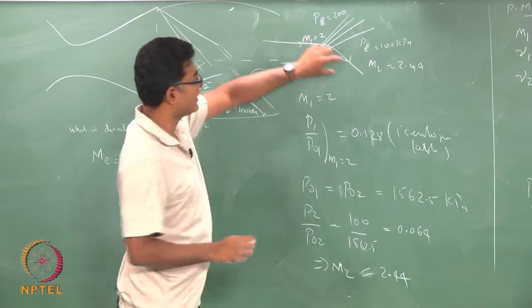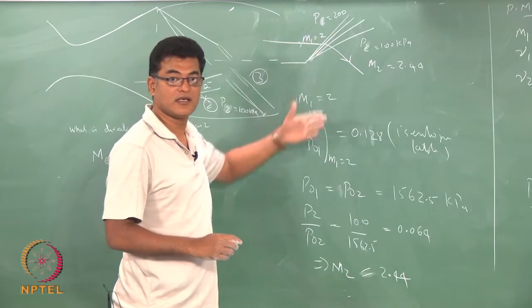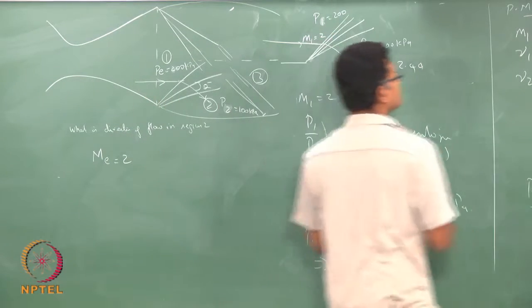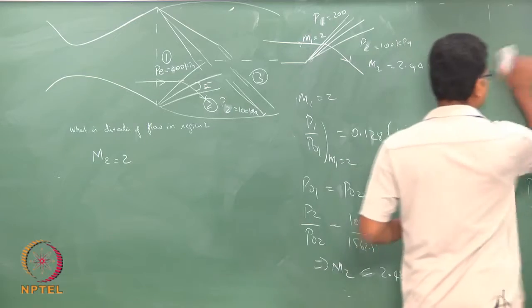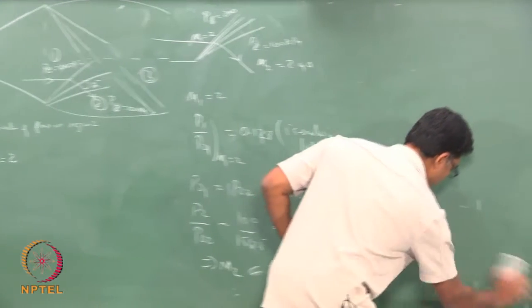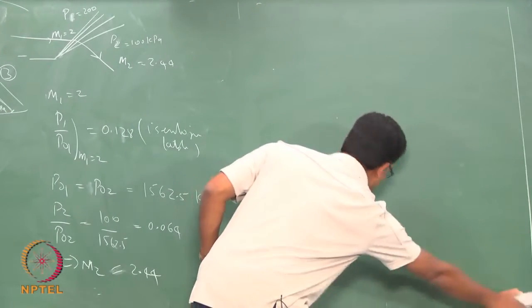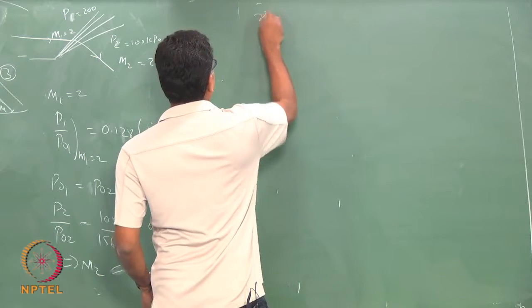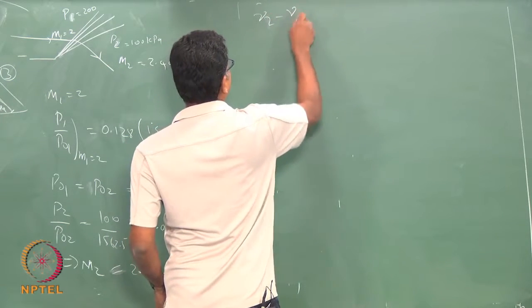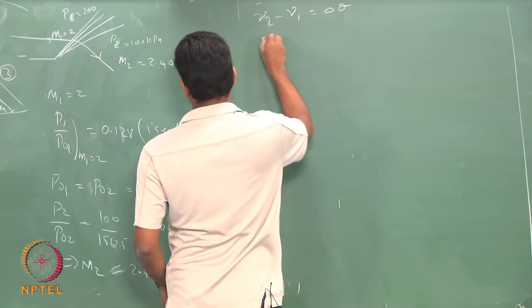If I know my M1 and M2, I can always get the angle at which it turned. So the angle at which it turns is nu2 minus nu1 equals delta theta.